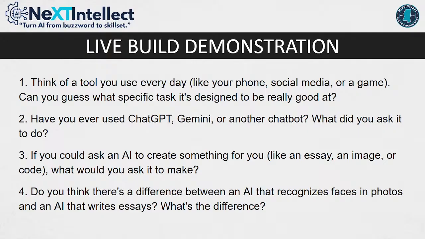So if you could ask an AI to create something for you, such as an essay, an image, or some code, if you were a software developer, what would you ask it to make? So maybe you get it to create an image for you for a homemade card you're wanting to make for Mother's Day or Father's Day. And maybe you're wanting it to help you flesh out a song idea if you have a melody in your head, but you don't play an instrument.